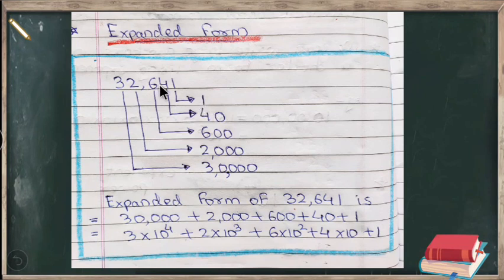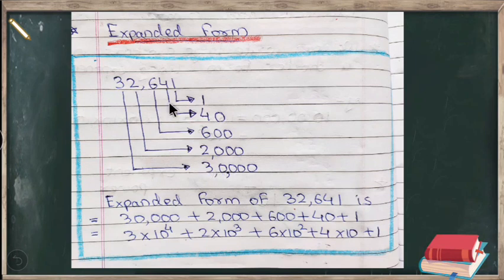Now 4 is in the tens place, so we will write the number 4 as it is and put 1 zero. Similarly 6 is in the hundreds place, so we will write 6 and 2 zeros after that. Then 2 is in the thousands place, so we will write 2 and 3 zeros, and 3 is in the 10,000s place, so we will write the digit 3 and 4 zeros after that.